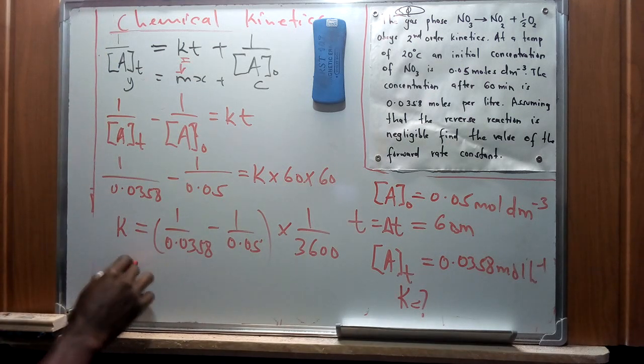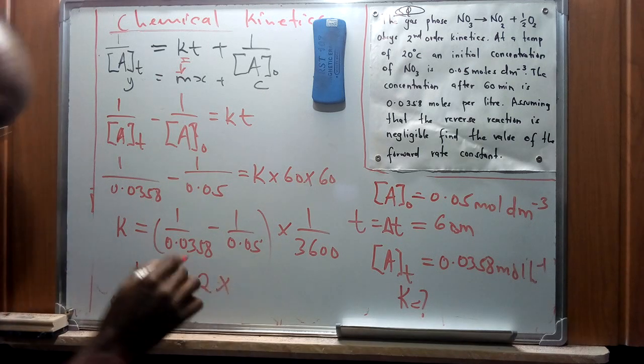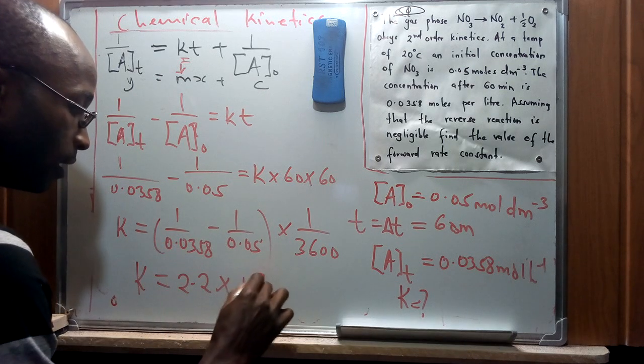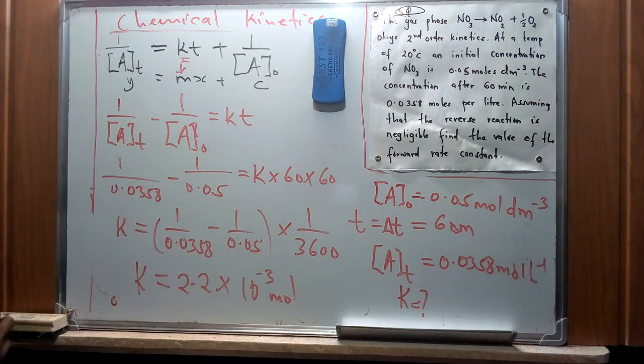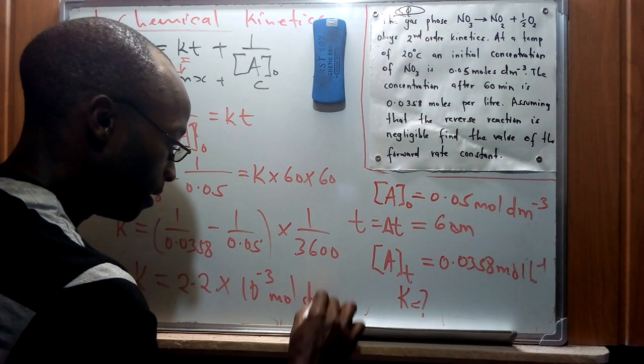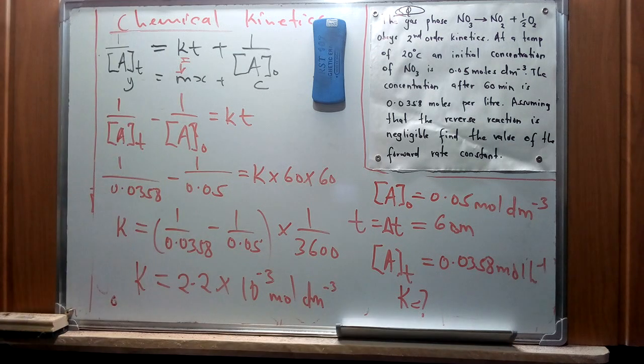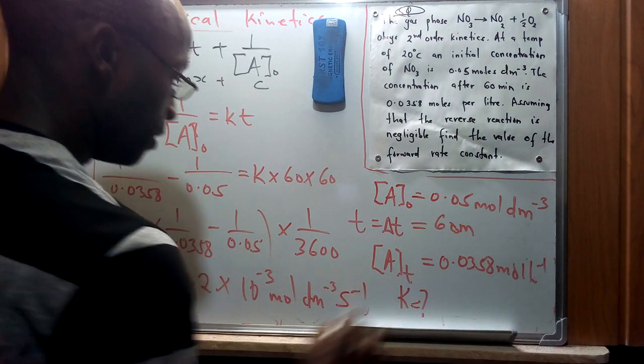Because of space, the value for k is going to be 2.2 times 10 to the negative 3 moles per decimeter cubed, which is equivalent to per liter per second.